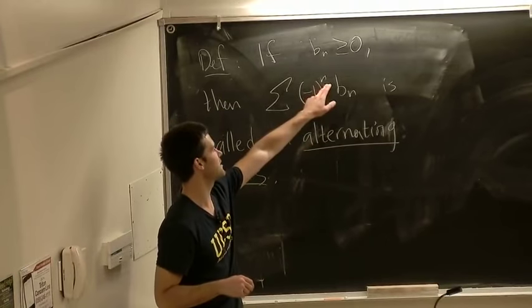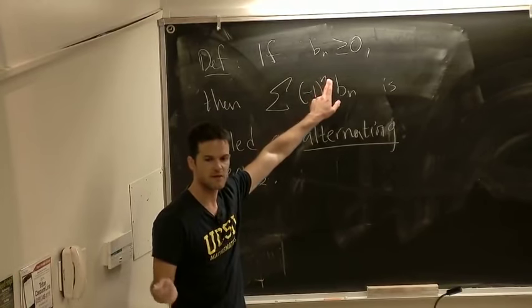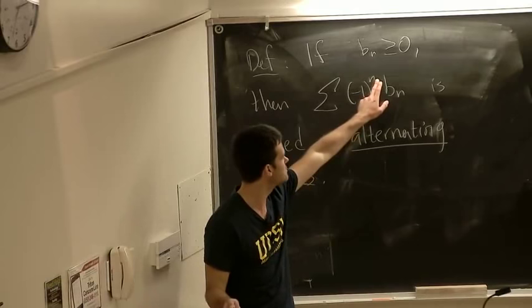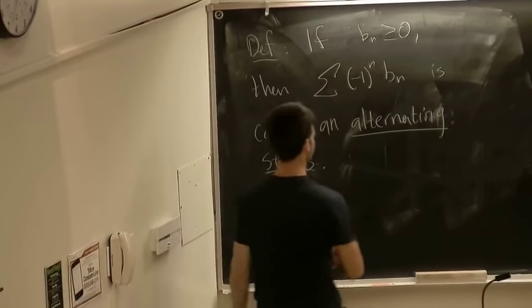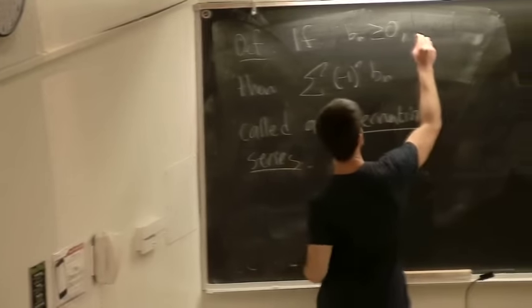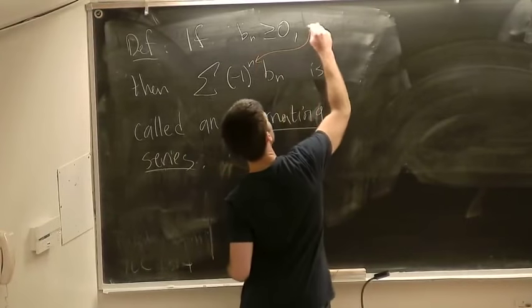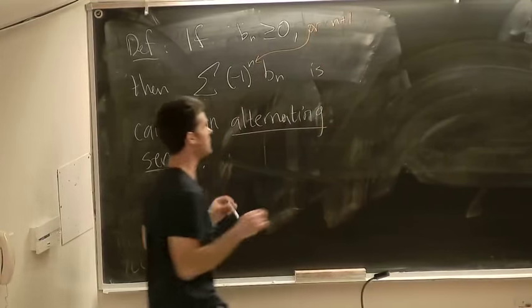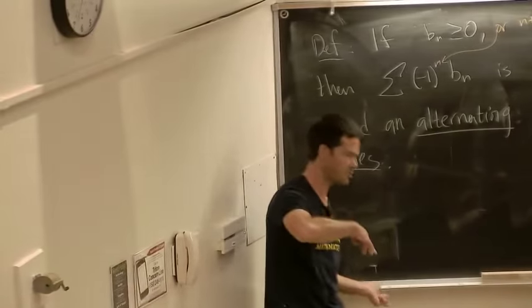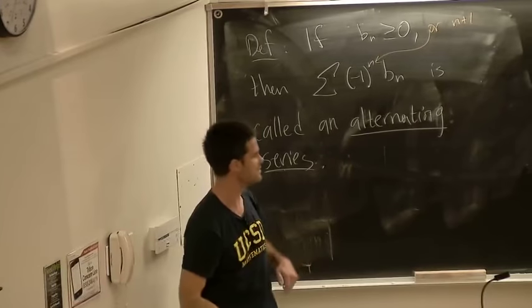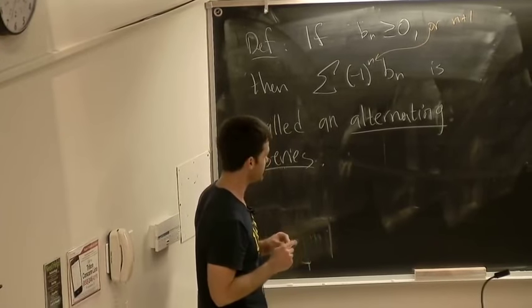Or sometimes they put n plus 1. It doesn't really matter. So let me just say n or n plus 1, either one. As long as it goes from plus to minus, we call it an alternating series.